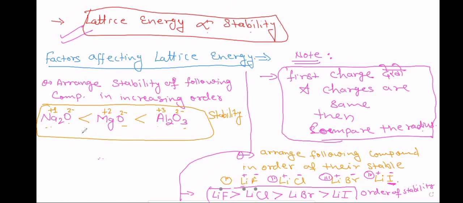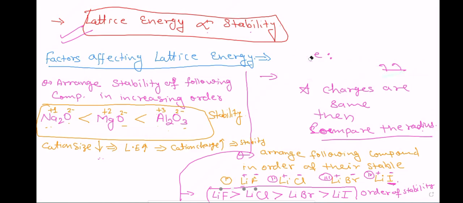You can say the cation size: Na is largest, by the Z by e rule. As cation size decreases, lattice energy increases, and as cation charge increases, stability of Al2O3 is maximum. Clear?